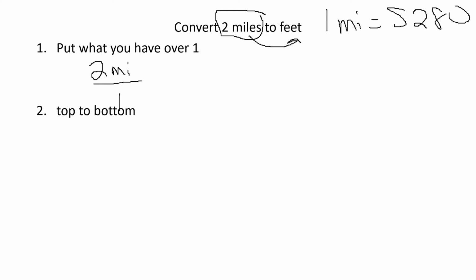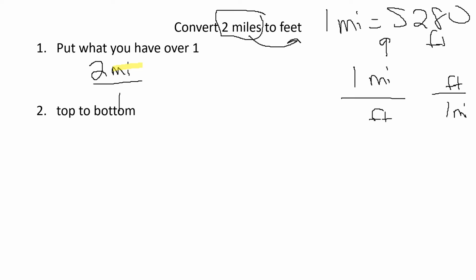So measurement-wise, whatever is on top, which in this case is miles, that is going to go on the bottom of my unit multiplier, because I could actually create 2 unit multipliers with this information. I could do 1 mile over 5,280 feet, or I could do 5,280 feet over 1 mile.